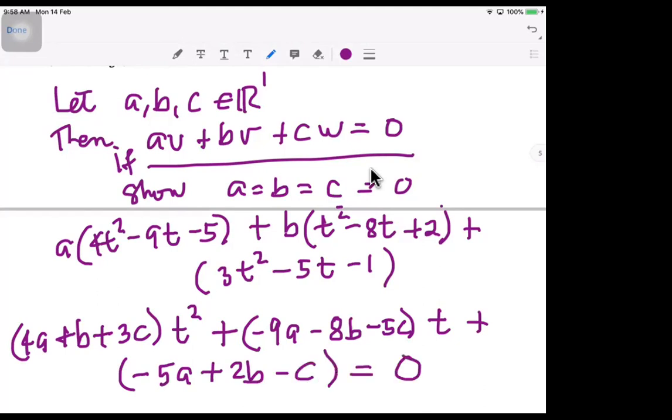We want to show that A, B, and C are all equal to 0 for us to say that U, V, and W are linearly independent.